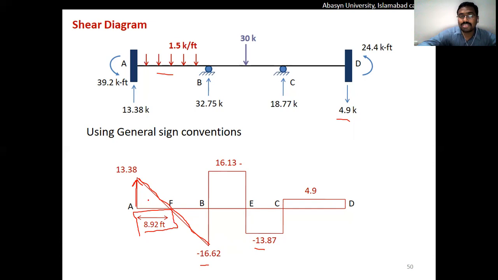You are going to consider a triangle, and consider the distance between A and F as x, and the height as 13.38. We know that as per the principle of triangles, two triangles are considered similar if they have a common point of origin. So we will consider this triangle A to F, or the point G, AGF.